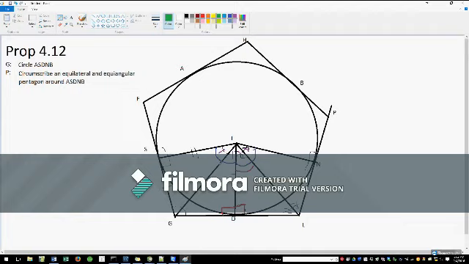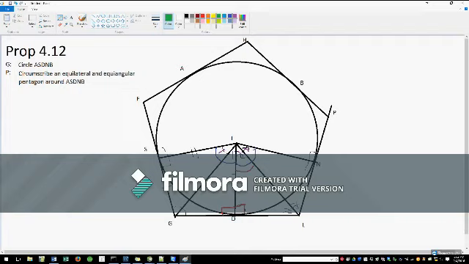Then because the angle GTD is equal to the angle DTL and the angle TGD is equal to the angle TLD, the triangles TGD and TLD are two triangles having two angles equal to two angles and one side equal to one side, namely TD, which is common to them.